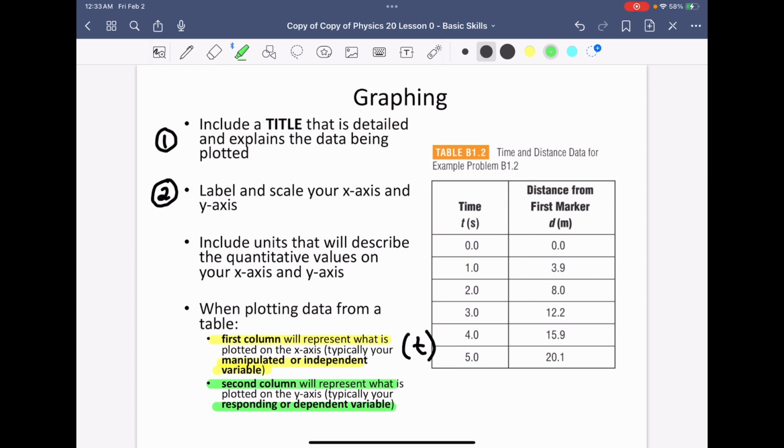So when we get to lab 1, just be aware that I'm looking for all of these things. If you don't include things like a title or properly labeled axes, you're going to get marks taken off. A really good place to practice this is in the lesson 0 section right at the end. If you go to the practice booklet, you're going to see an example of graphing that you can do to make sure you know this skill.